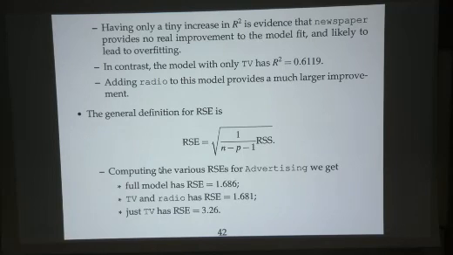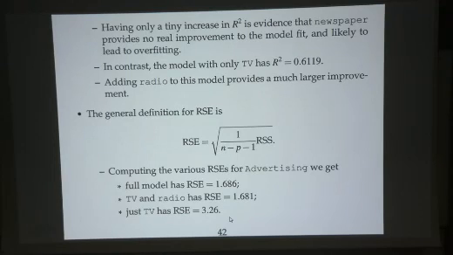Because R square is like the explained variability in the model, and RSE is the residual standard error, it quantifies the error in the model. So the lower the error, the better. If you include just the TV, then the RSE is very high, so it has a very high error. If you include TV and radio, then the RSE is low, 1.681.